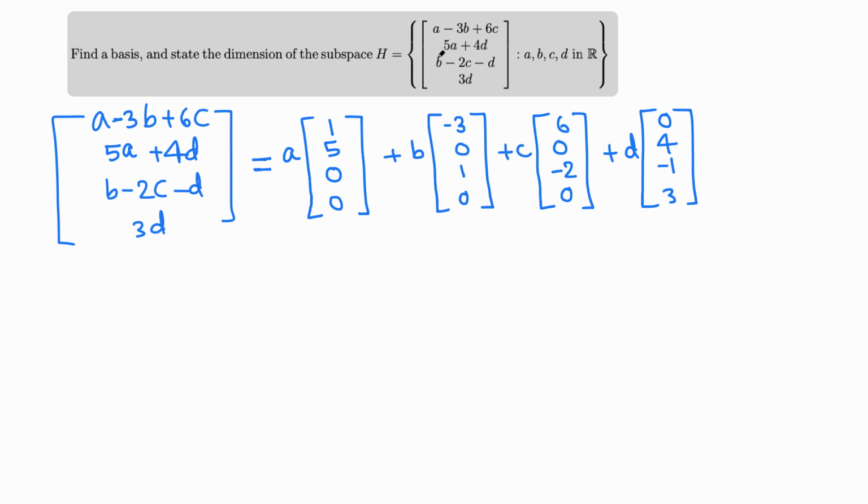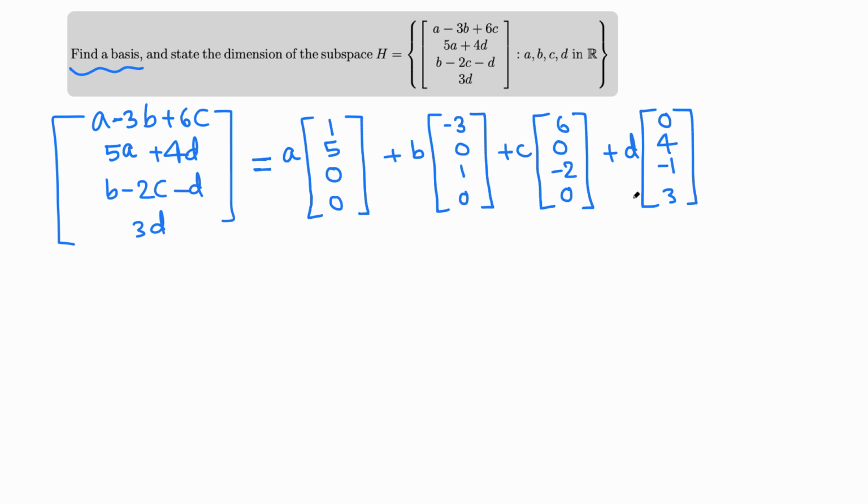So this H is in fact a linear combination, a collection of these 4 vectors. Now we need to find a basis. Basis means the collection should be a spanning set and linearly independent. Obviously these 4 vectors span the subspace, because the subspace is given in this way, but we need to check if these 4 are linearly independent.